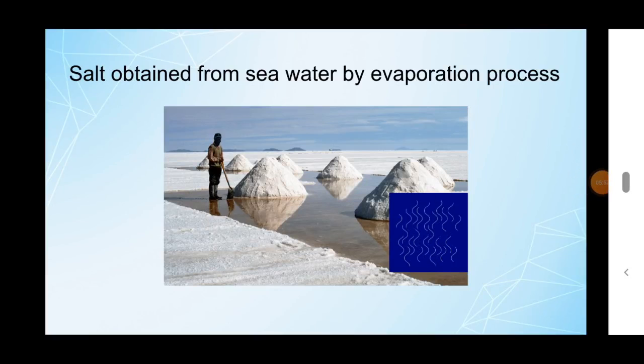Students, we know that salt is obtained from seawater. Why? Because seawater contains salt. That means salt is dissolved in seawater. In this process, evaporation plays a very important role. By the evaporation process, salt is separated from seawater.